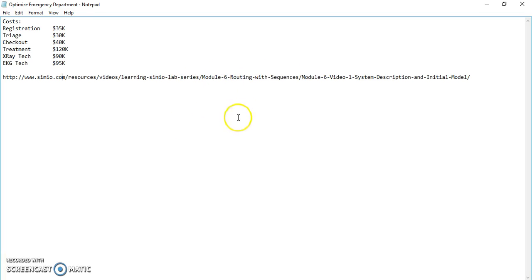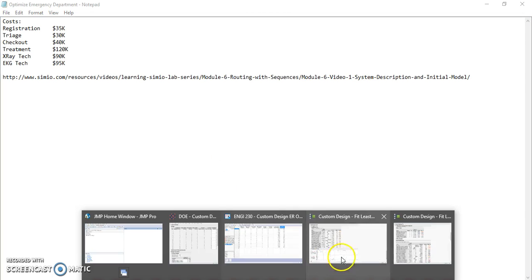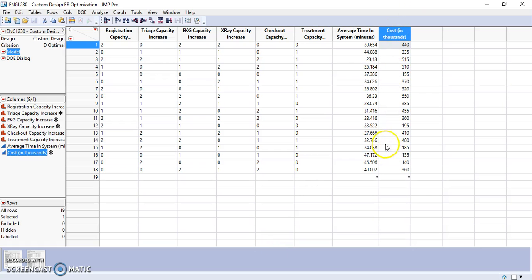This is not an emergency room, but it's a healthcare clinic, so it's similar. I just multiplied: if I was hiring 1, then I do 35 times 1. Here it's in thousands. Something else to note, this is in minutes. This was a little tedious.